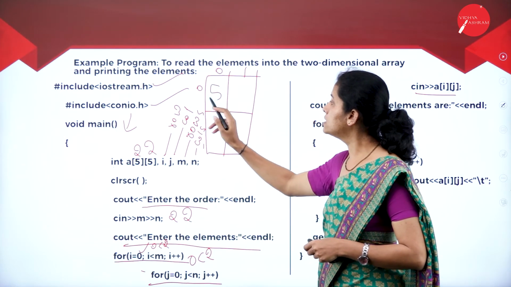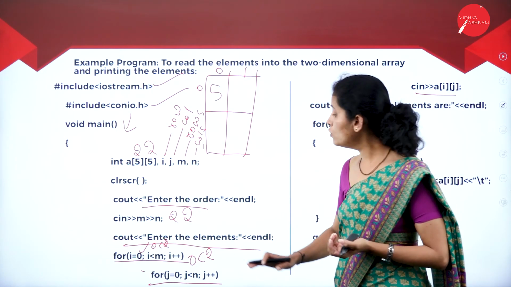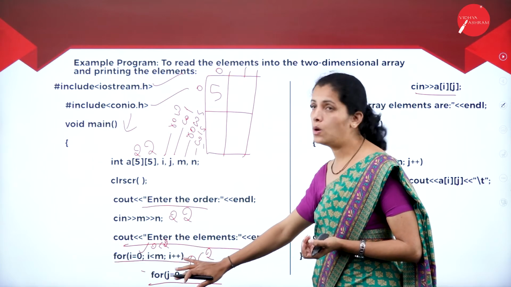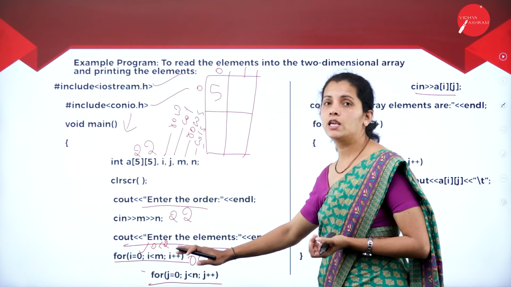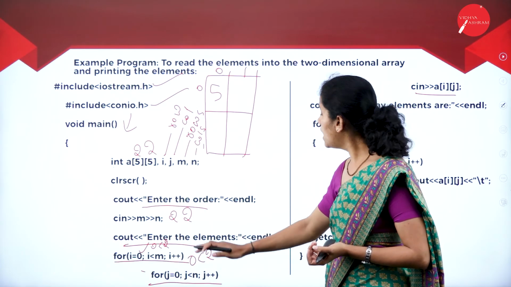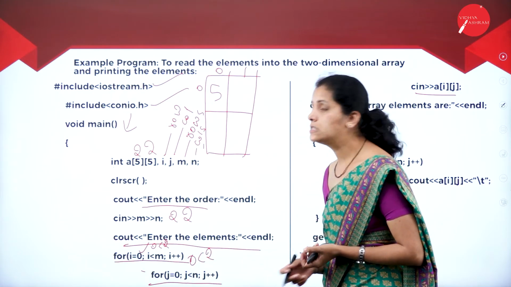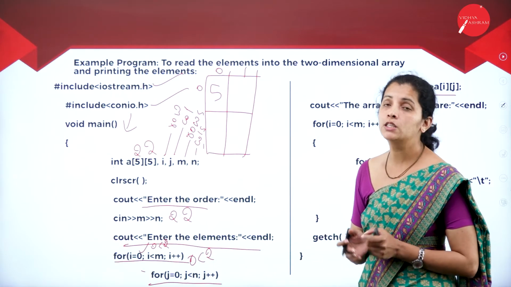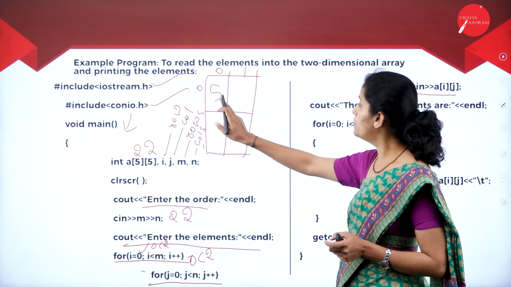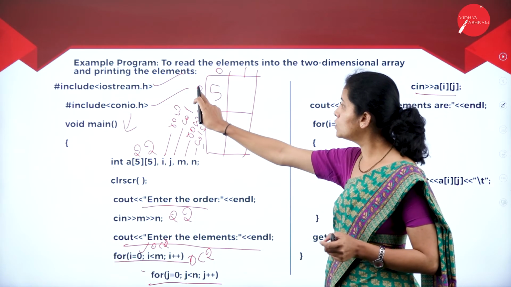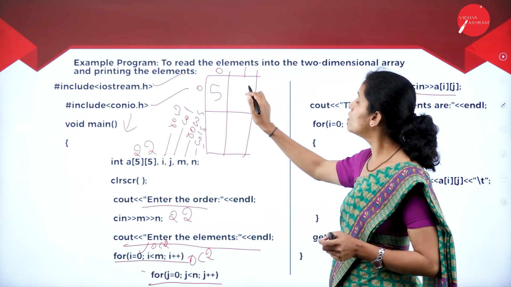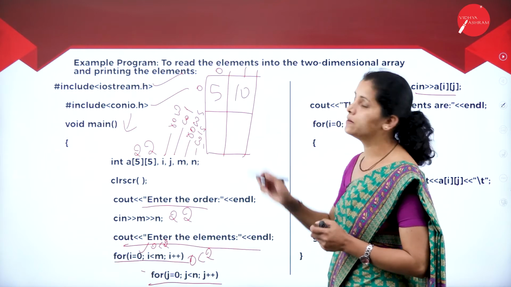For example, it is 5. Now the inner for loop increments j by 1, that is j equal to 1. Now 1 less than 2, it is true. So in place of 0th row and first column, I'll place 10.